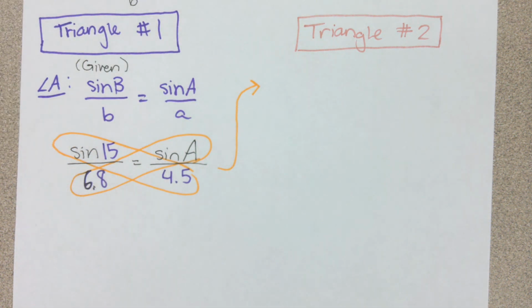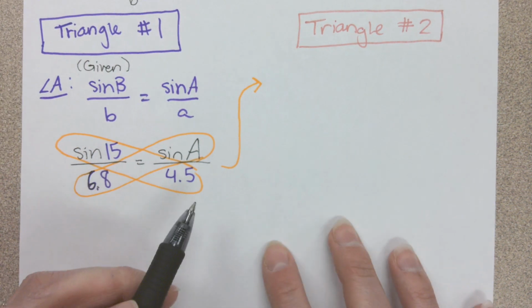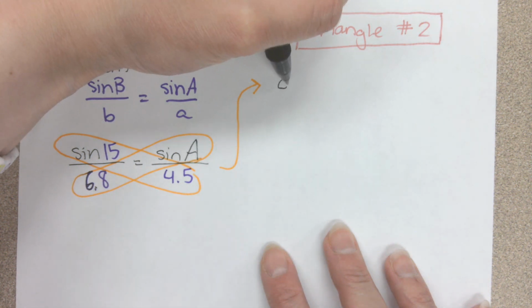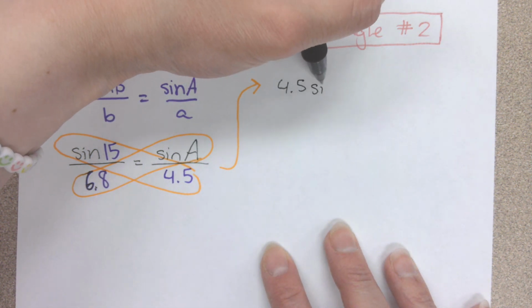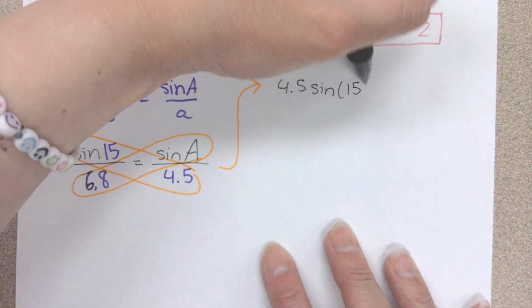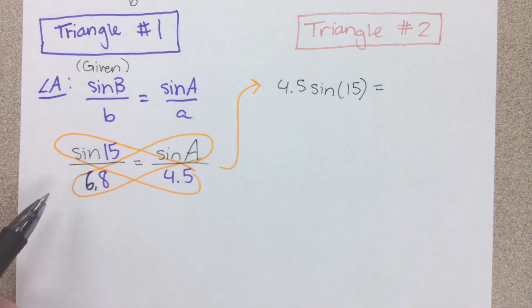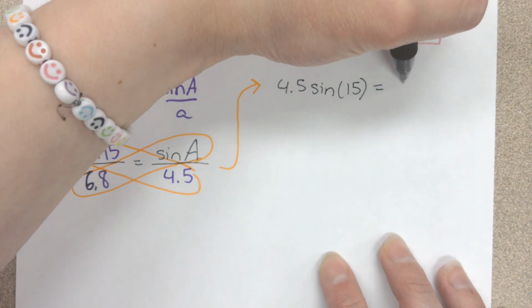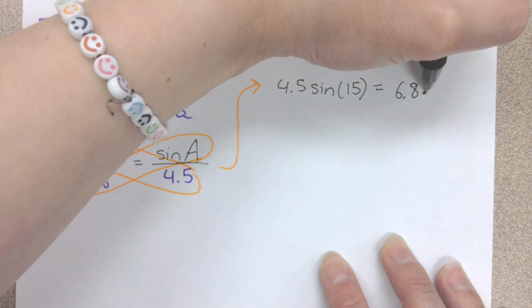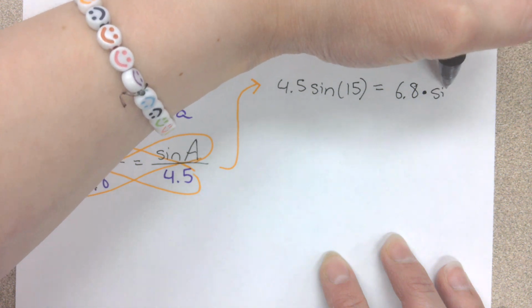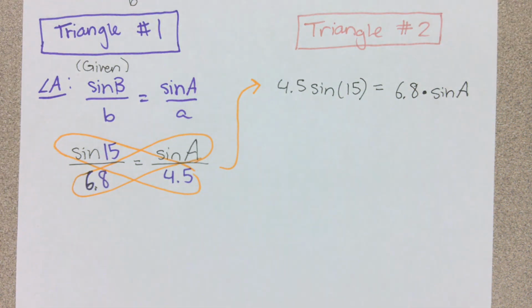I'm going to write my result over there. Crossing left, we have 4.5 sine of 15 is equal to 6.8 sine of A. And if it helps, put a times before you put the sine of A, just to reiterate that we will divide to get the sine of A by itself.